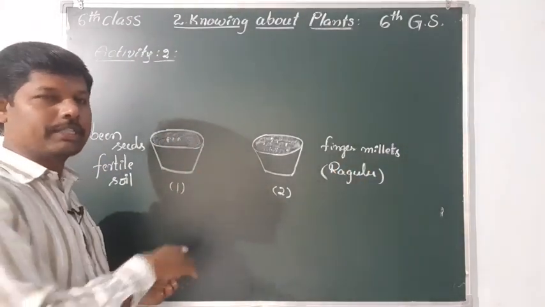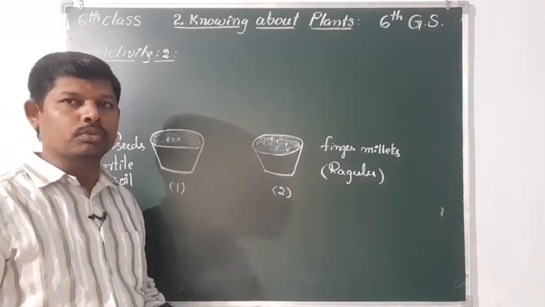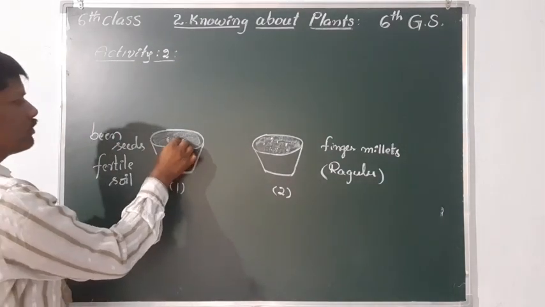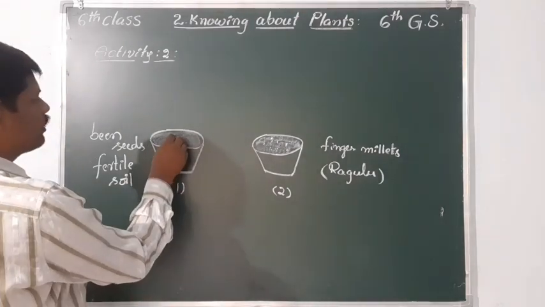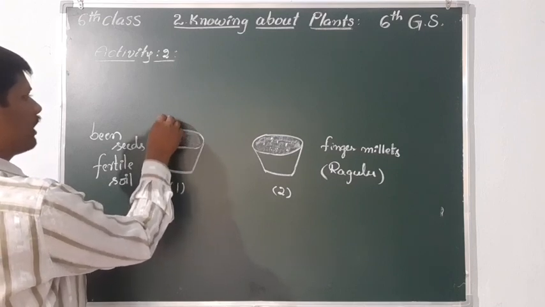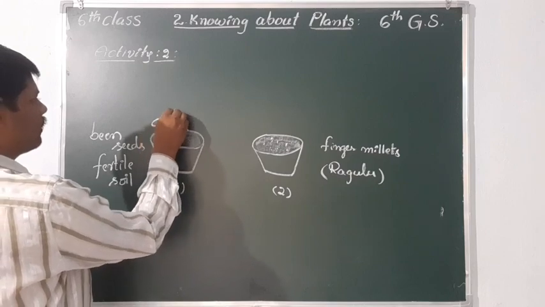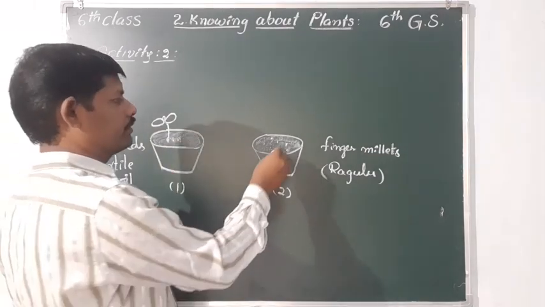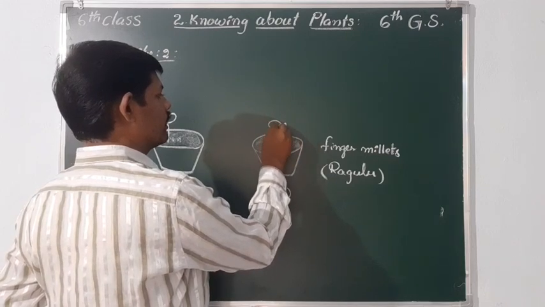Take some water and sprinkle it in these 2 paper cups, and wait a couple of days for germination of the seeds. After a couple of days, you will observe a newly emerged plant. This is one plant. Here also you can observe a newly emerged plant.